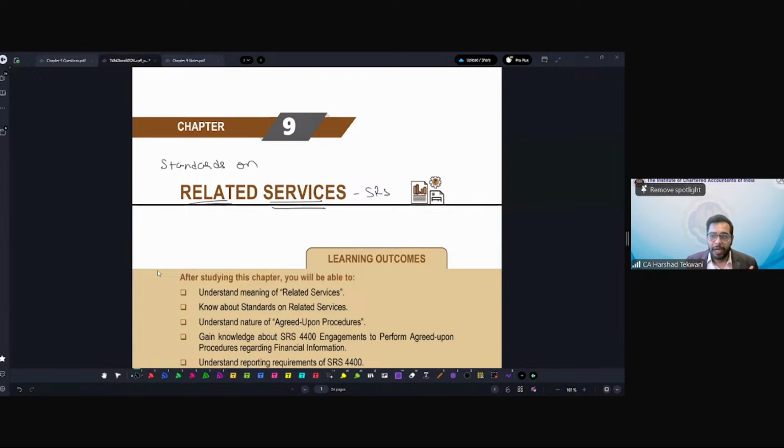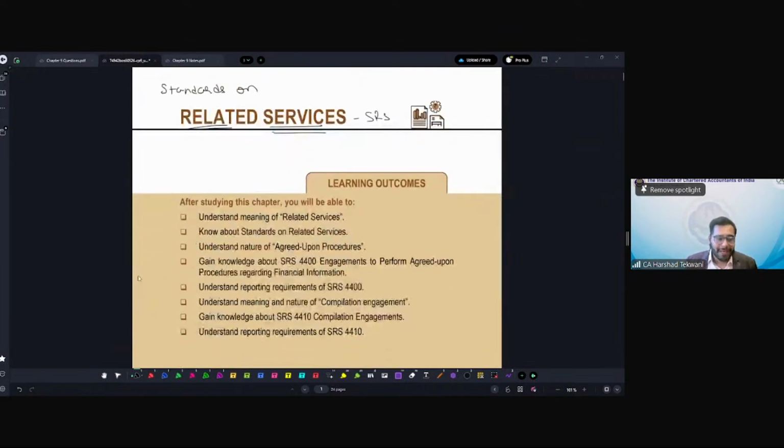Now, how many SRS are there? Basically, we will be covering two SRS over here, one 4400 and one 4410. SRS 4400 is predominantly on agreed upon procedures. We will understand in detail what are agreed upon procedures, what is 4400's requirement, 4410's requirement. Don't worry, we will get a good understanding of that.